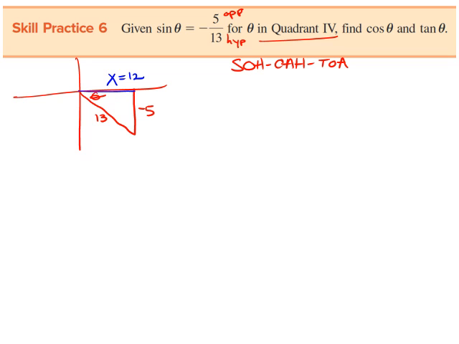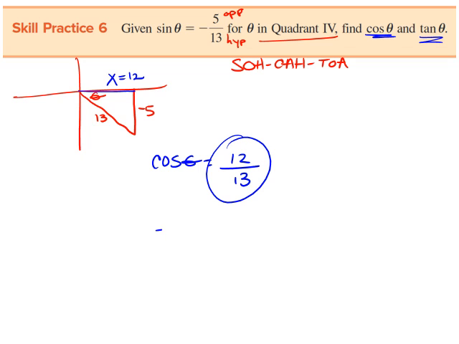So if this is 12, I want to find cosine. So cosine of theta is the adjacent over the hypotenuse. We should know in quadrant 4 that cosine is positive. This ends up being a positive result, so we are happy.